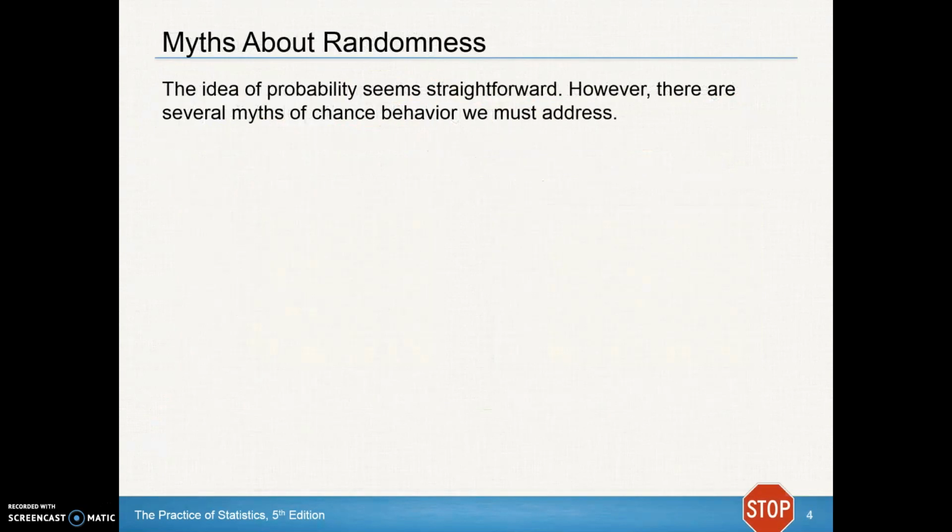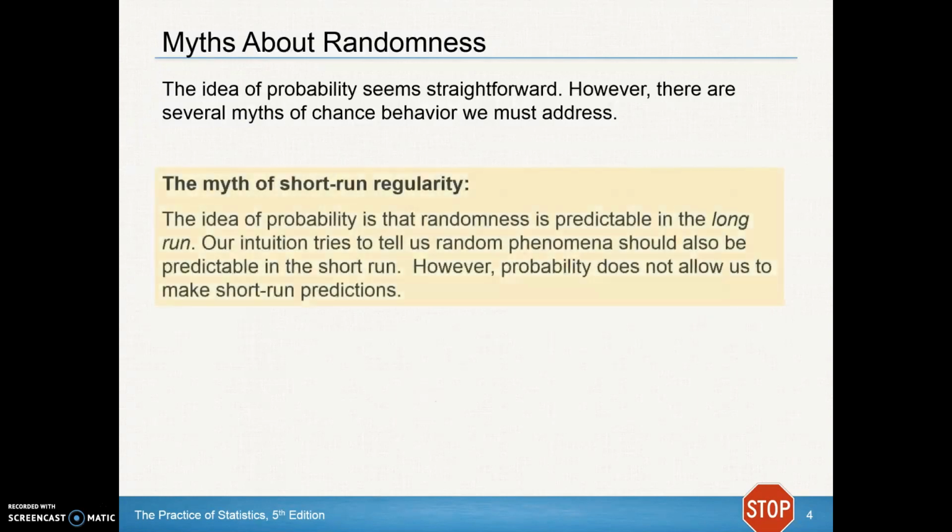There are some myths about randomness, and this really affects people in sports and people that gamble on a regular basis. There are some myths about this chance behavior that we must address. There's the myth of short-run regularity. The idea of probability is that randomness is predictable in the long run. So our intuition tries to tell us random phenomena should also be predictable in the short run.